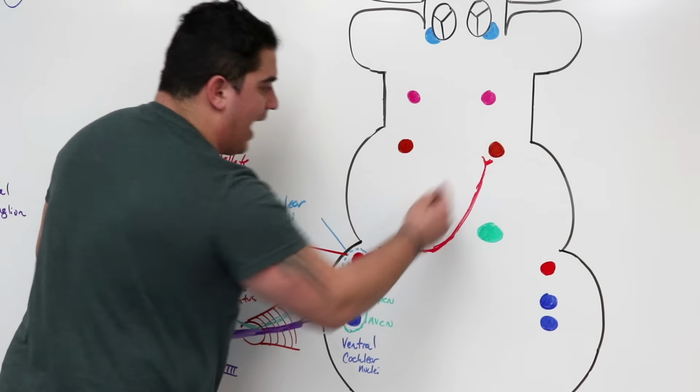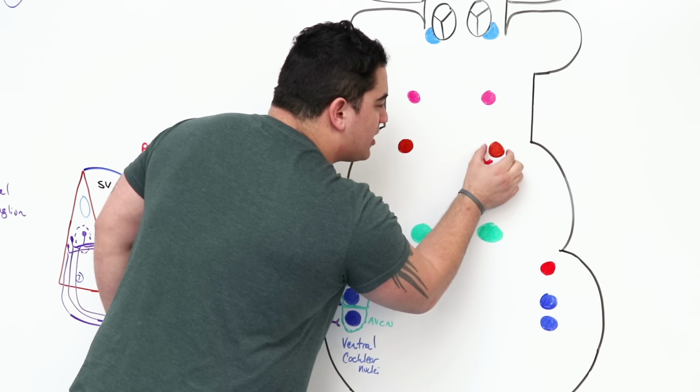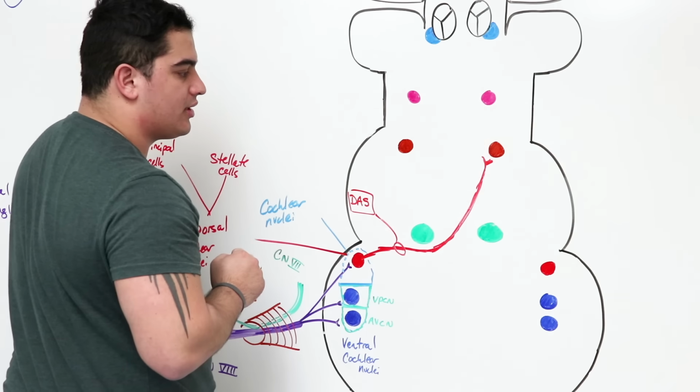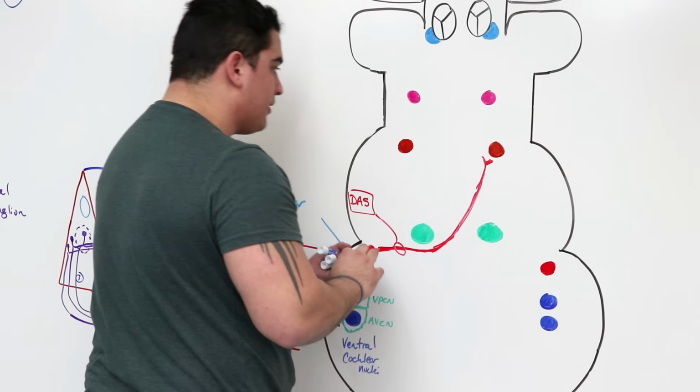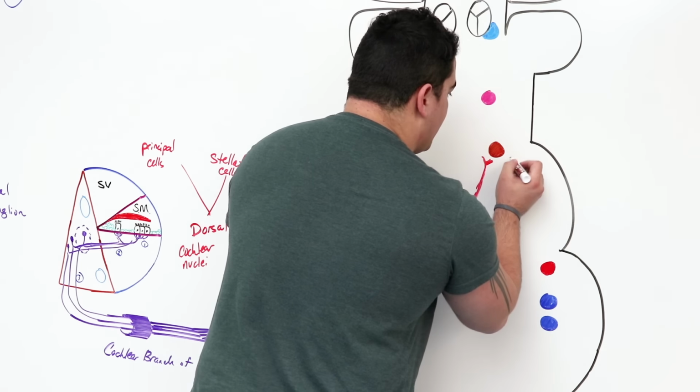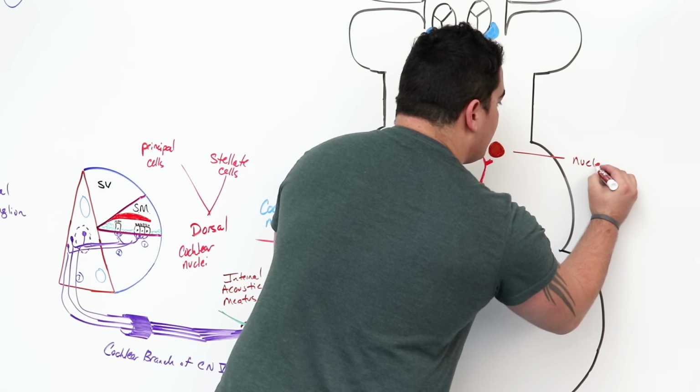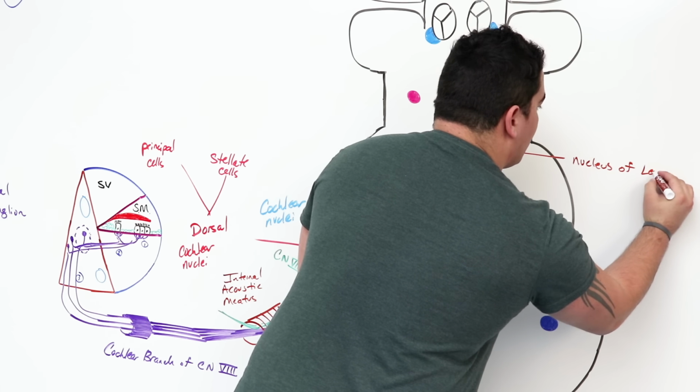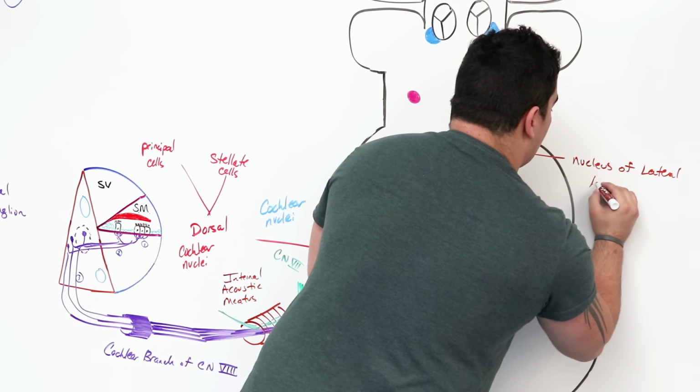This tract is called the dorsal acoustic striae. They cross over to the contralateral side and synapse on a special nucleus within the pons, which is called the nucleus of the lateral lemniscus.